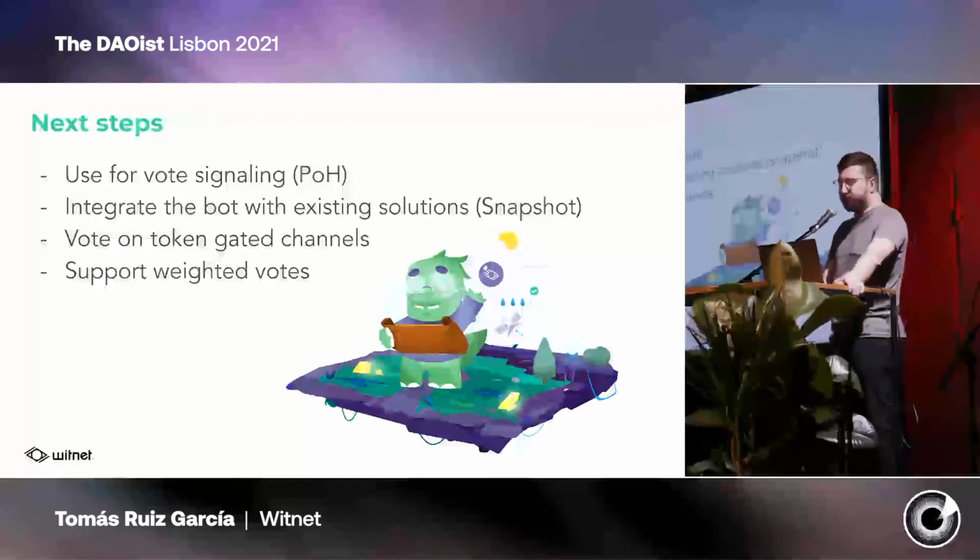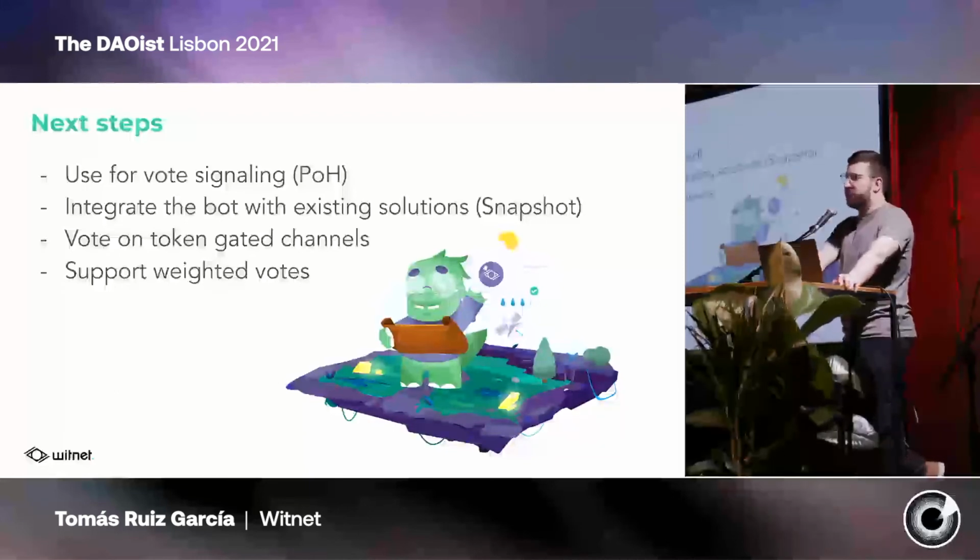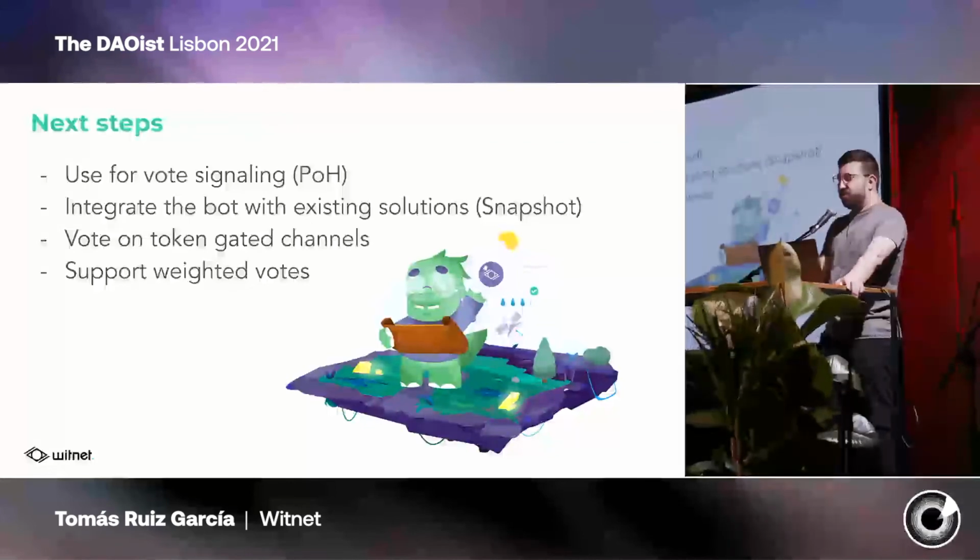And also we are thinking of implementing token-gated channels, so anyone that has access to a certain Discord server, as long as we can prove that we own a certain amount of tokens, and those tokens allow us to participate in an existing Discord channel and vote only if we prove that we are token owners. And also we want to support weighted votes. So if you have a different amount than me, your vote will be related to the amount of tokens that you have.